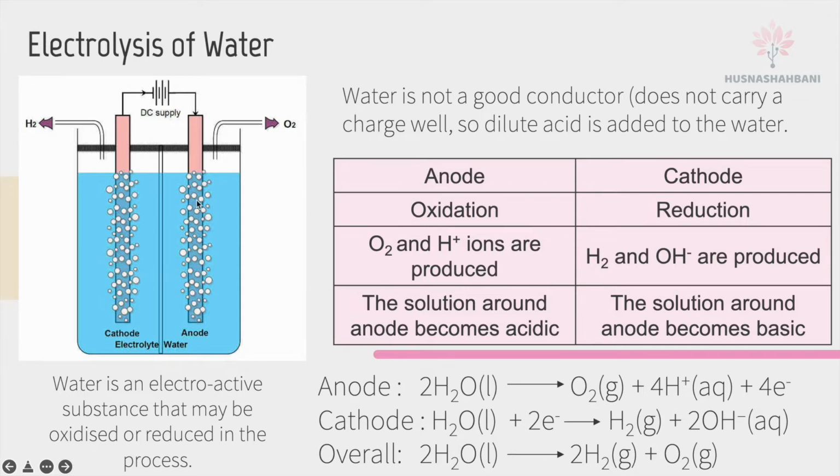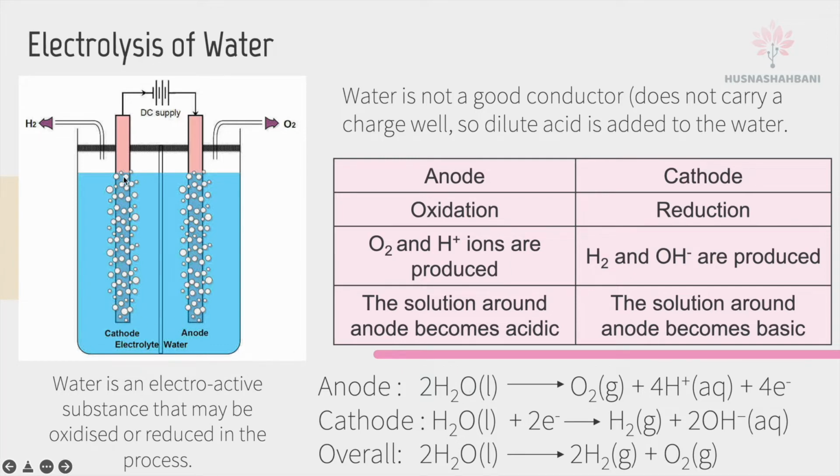At the anode, oxidation will occur, and at the cathode, reduction will occur. At the anode, in the oxidation reaction, the water will lose electrons. When it loses electrons, the products are oxygen gas and H+ aqueous.